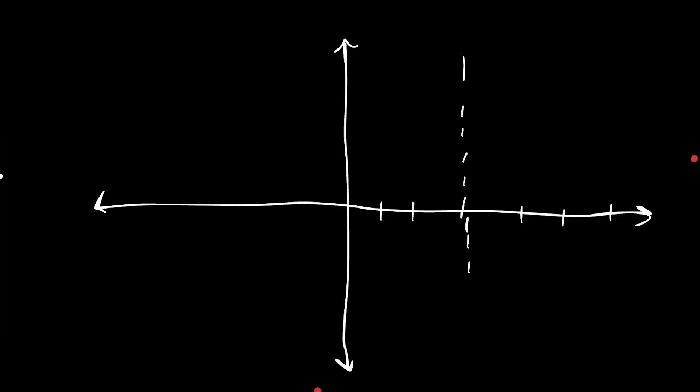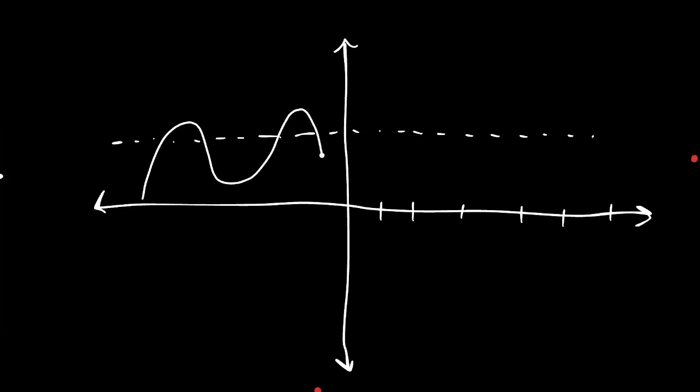For a horizontal asymptote, we're not limited in this same way. For example, if we had a horizontal asymptote, again, going something like this, and our function, let's assume it's some sort of sinusoidal function like this, you can see it's clearly crossing the asymptote many times, and that is acceptable.